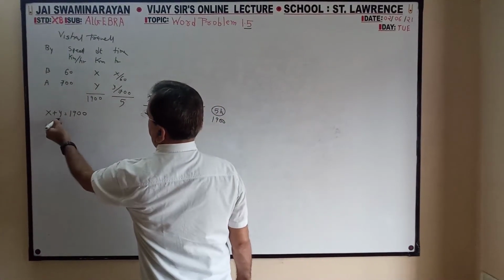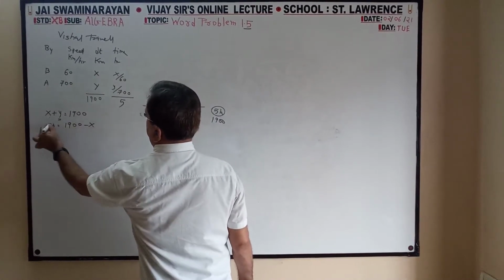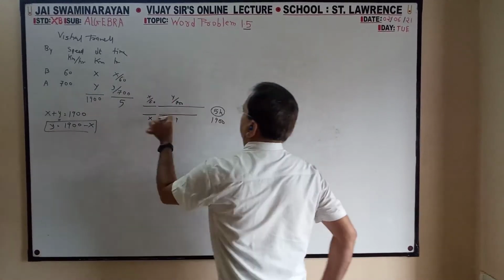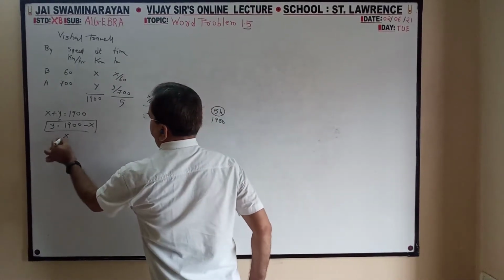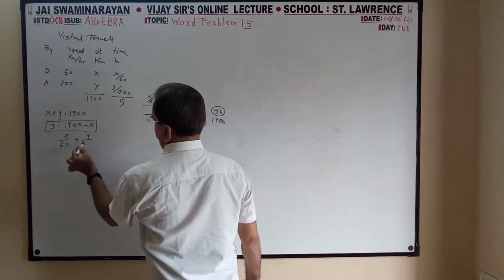So you can convert this: y is equal to 1900 minus x, condition number 1. This is distance total, now time total.